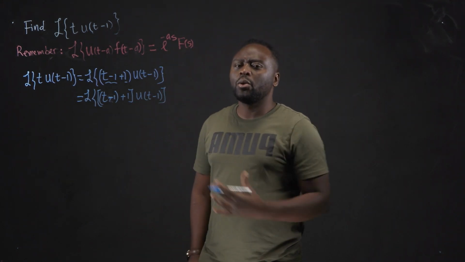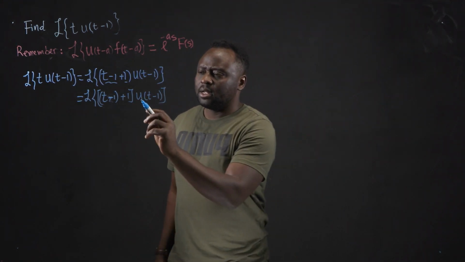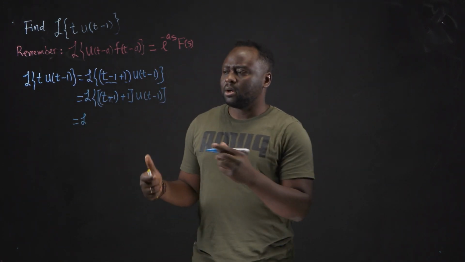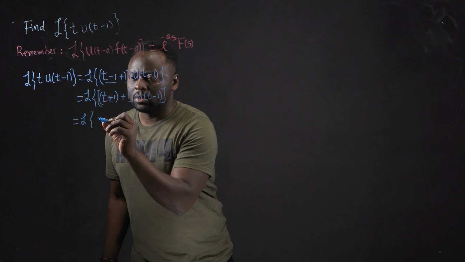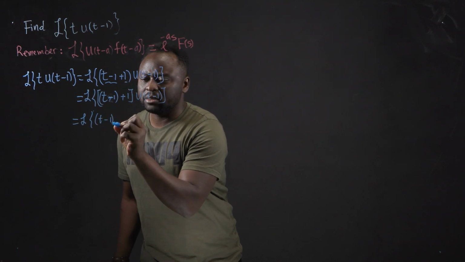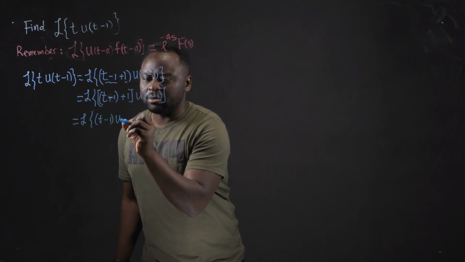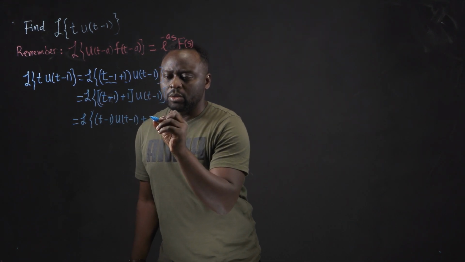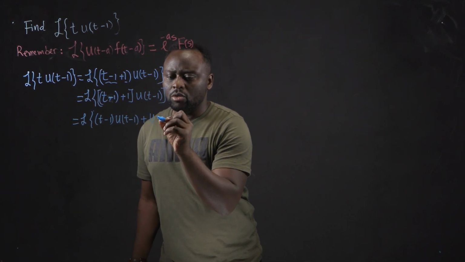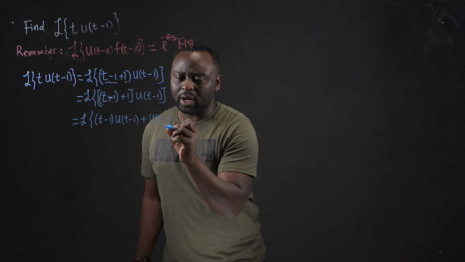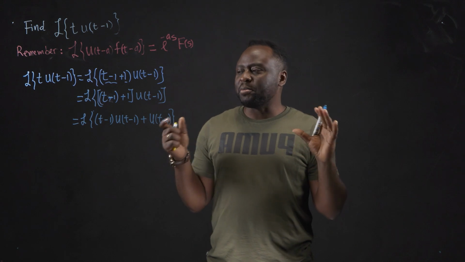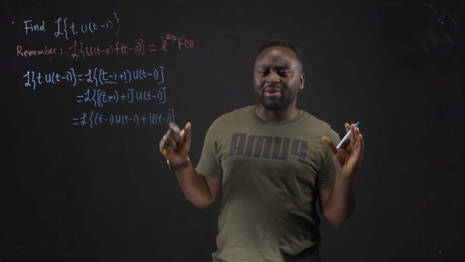At this stage, we are free to expand this. If we expand, we have the following: Laplace transform of t minus 1 times u of t minus 1 plus u of t minus 1. All right, at this stage, remember the property of the Laplace transform.